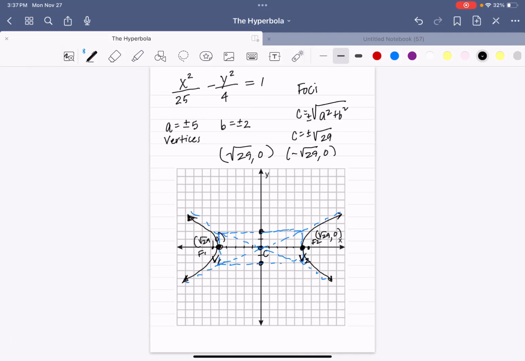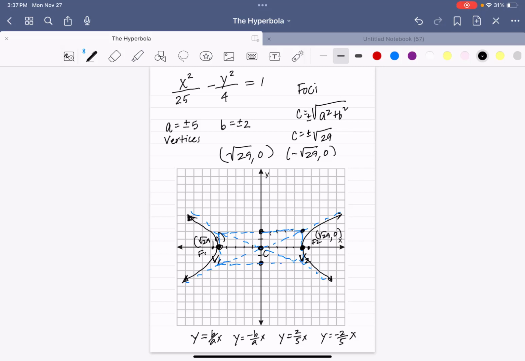Okay, so here we said if the transverse axis is horizontal, it would be y equals b over a x, and y equals negative b over a x. Well, the slope is negative b over a or b over a. So it's going to be 2/5. y is 2/5 x, and y is negative 2/5 x. So look, from my origin, I would rise 2 and then go to the right 5.